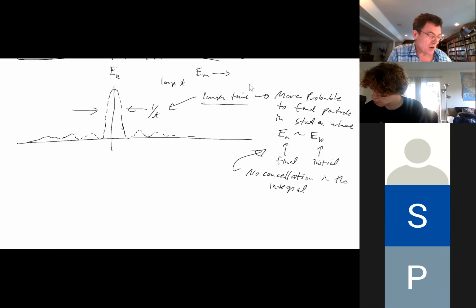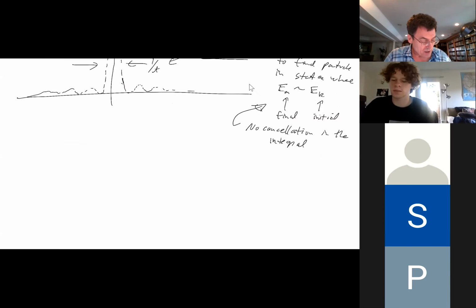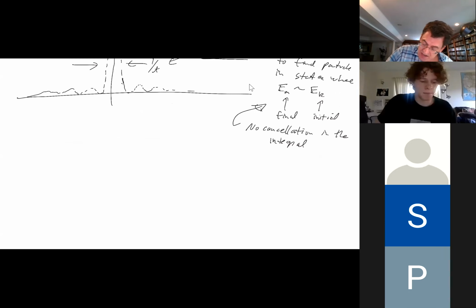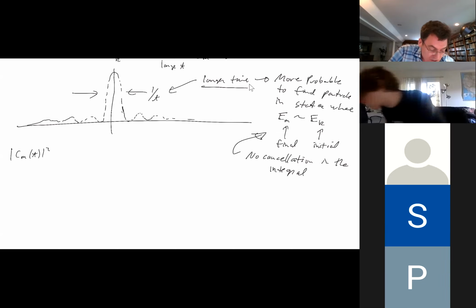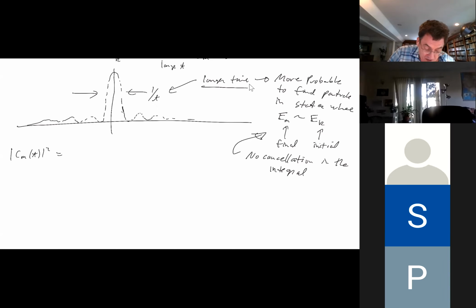Okay, and you can kind of see that quite simply, because you can just take a look at our formula. For example, you can see that our formula, Cm of t squared, is equal to 4 h prime mk squared times sine squared.